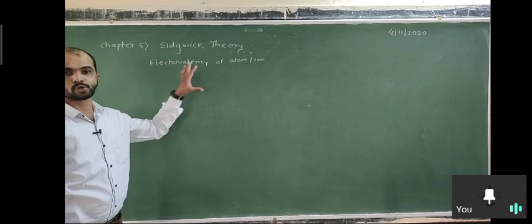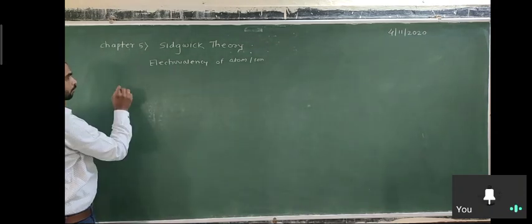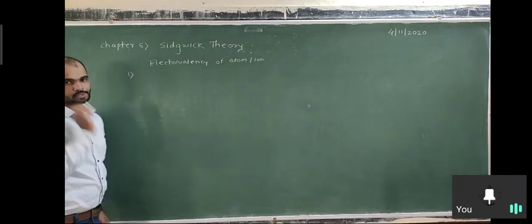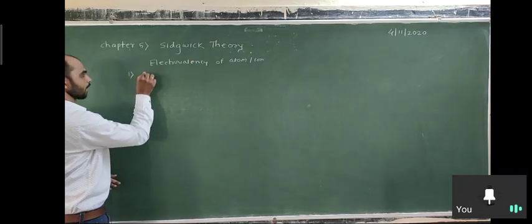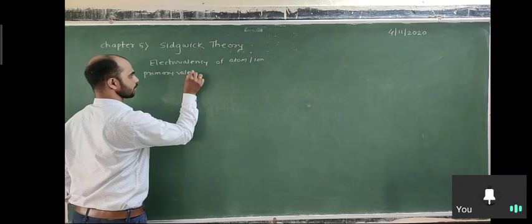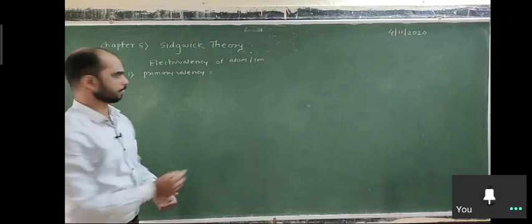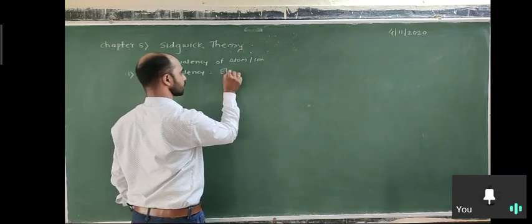Basically, according to Sidgwick theory, it is based on two important points. First, Werner's primary valency is the electrovalency.